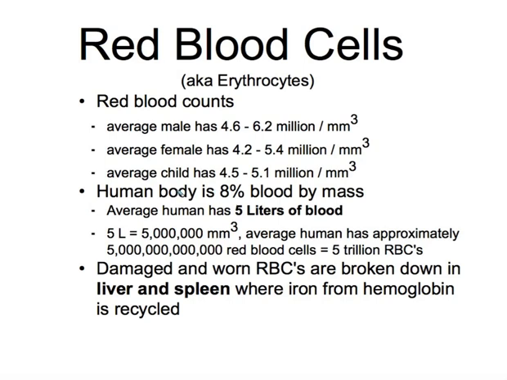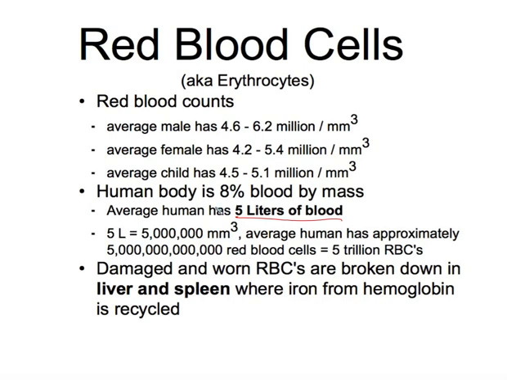And so your body, if we were to drain all of your blood out of your body, you would lose roughly 8% of your weight. You'd also not be living, so don't try that. But 8% of your mass is blood, which equates to about 5 liters. So average person, about 5 liters of blood, which is the same as 5 million cubic millimeters.